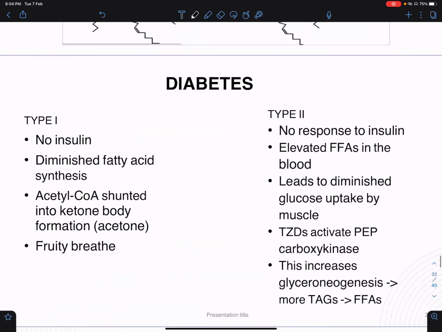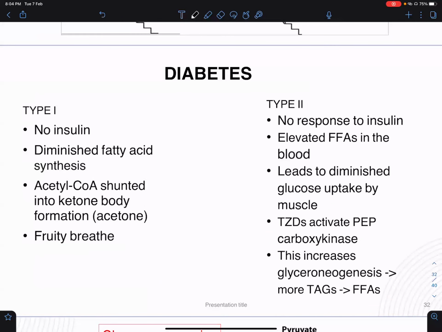Now, for diabetes, we have 2 applications in relation to fatty acid synthesis. In type 1 diabetes, we don't have insulin secretion. And as we mentioned, insulin is an important activator of fatty acid synthesis because it activates phosphatases, which causes dephosphorylation, which causes activation of the ACC.